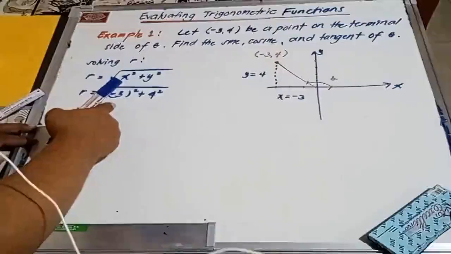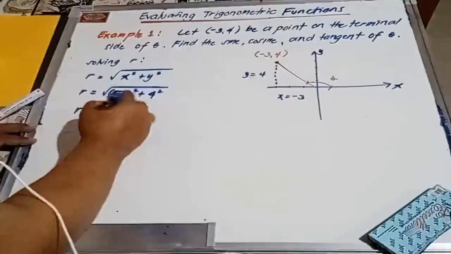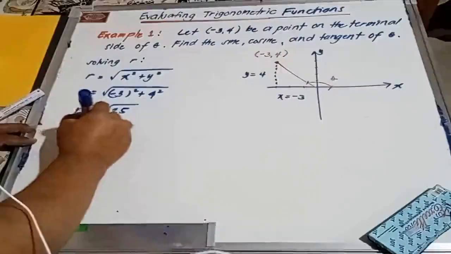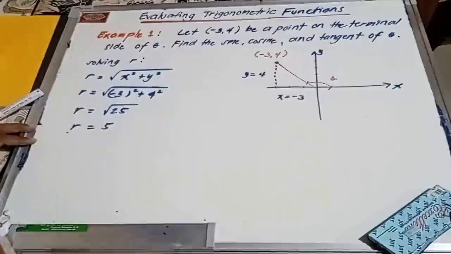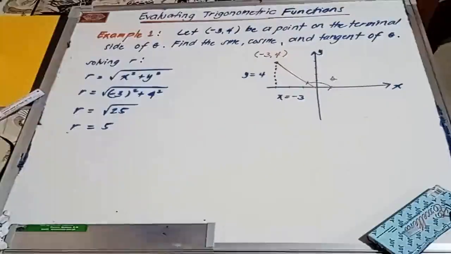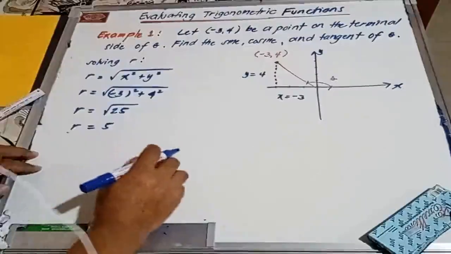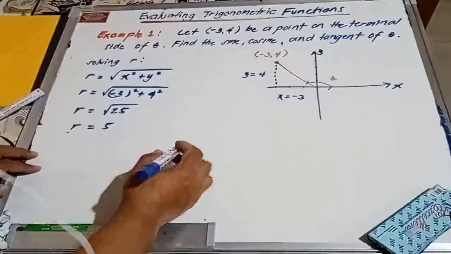We have here 9 plus 16, that is 25. Therefore, r equals 5. Okay? Positive lang po lagi ang ating r. Okay? Now, next is we are now ready to solve for sine, cosine, tangent of angle theta.